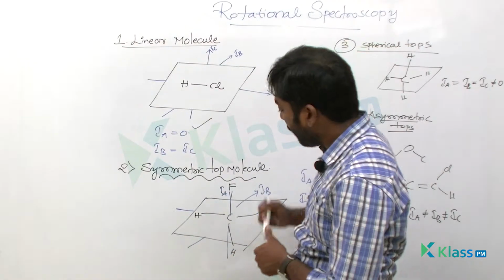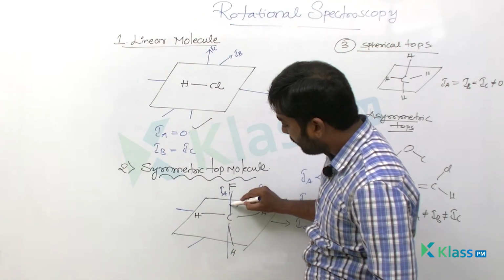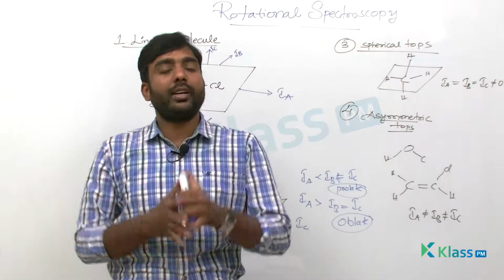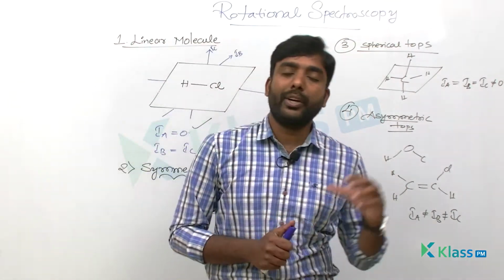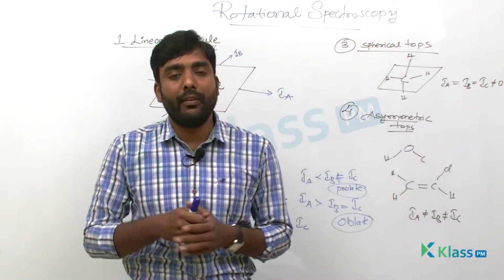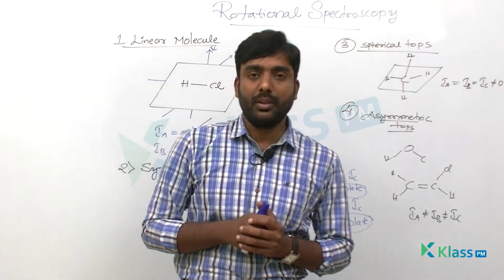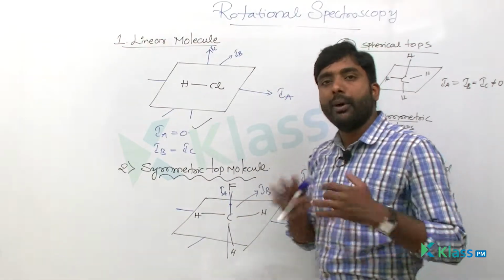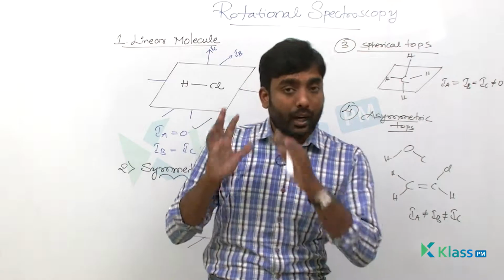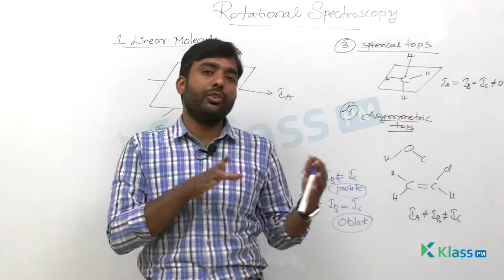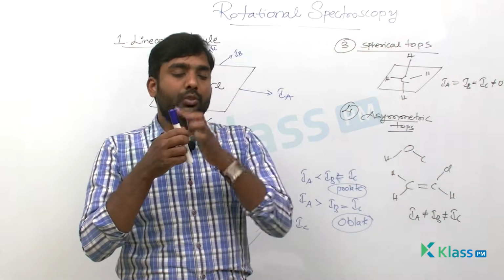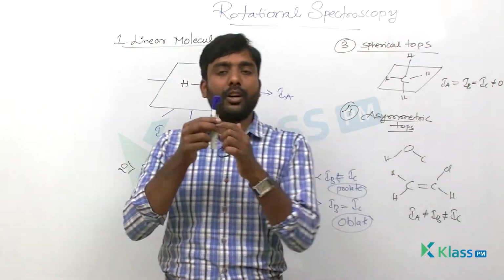It is somewhere between carbon and fluorine. I am not saying exactly in the middle, because the fluorine mass is different from the carbon mass. The center of gravity always shifts towards the higher mass. Fluorine mass is higher, so it is closer to the fluorine. Okay, now this axis is going through the center of gravity.